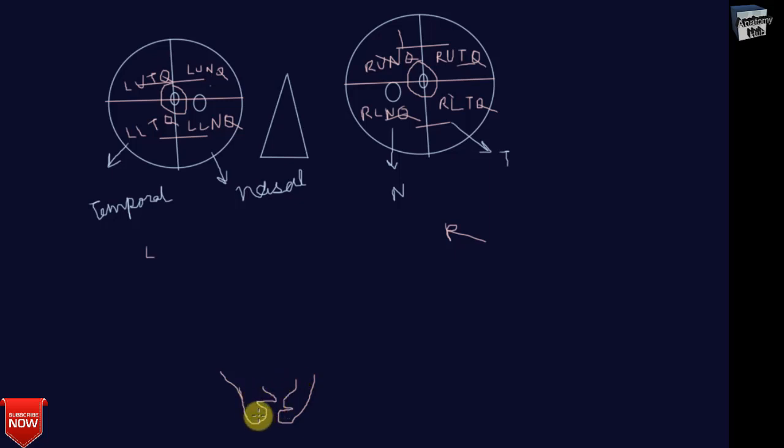The most posterior area here is actually meant for the macular region. So if any injury occurs at the most posterior area of the occipital lobe, the effect will be over the macular region.